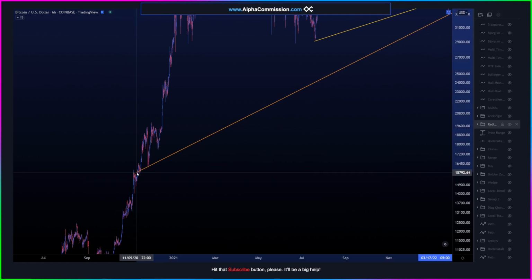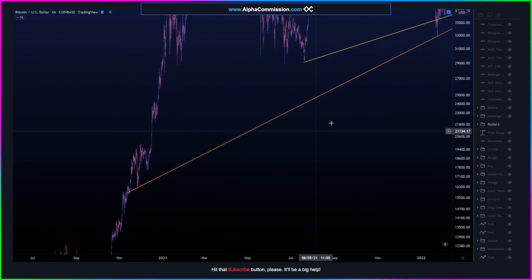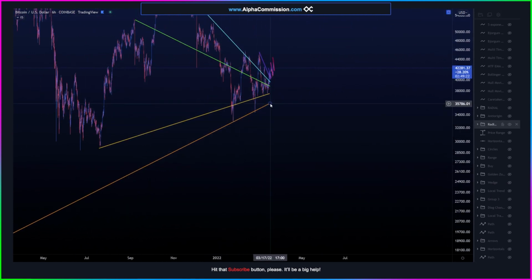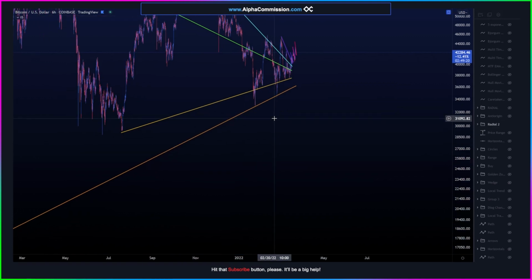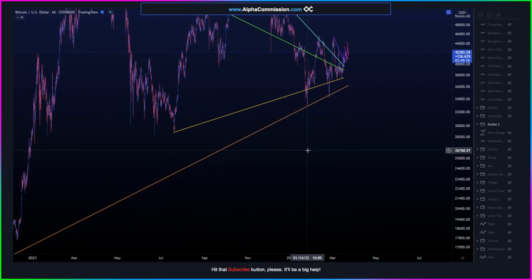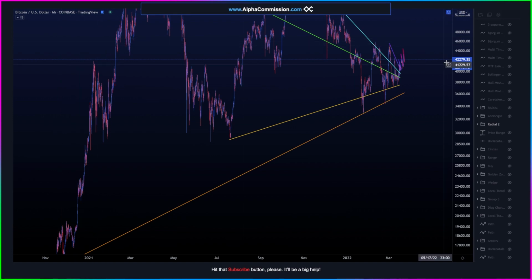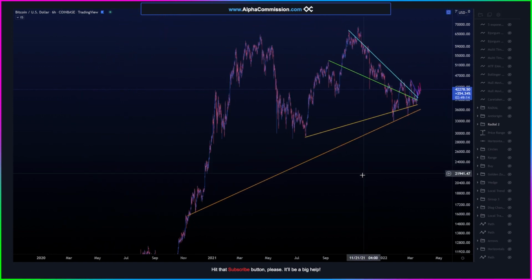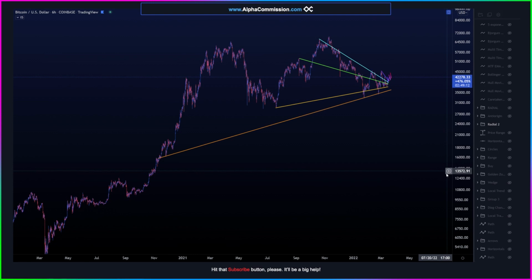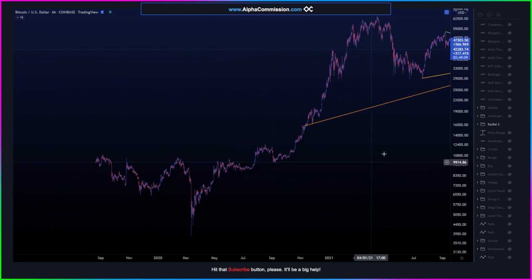Look at that right here. I mean, it's not exact. They're humans trading this. This is Coinbase. Every exchange is going to be slightly different in their price action. But look at that.